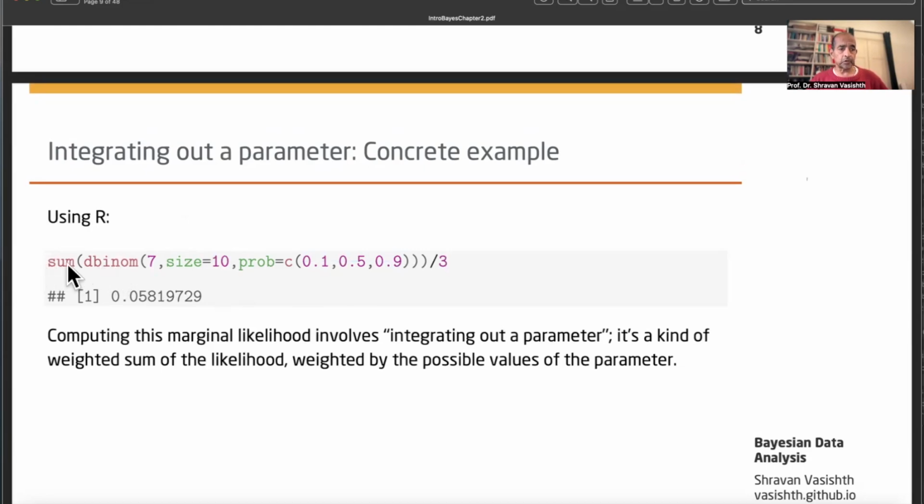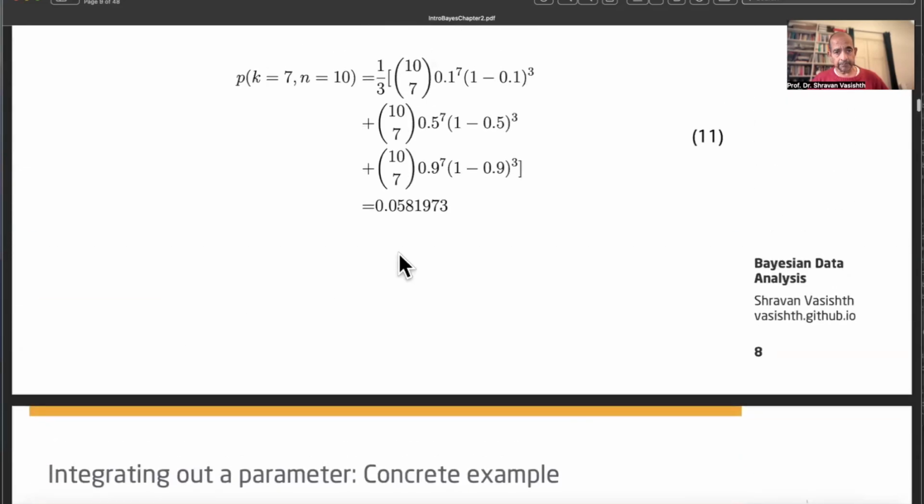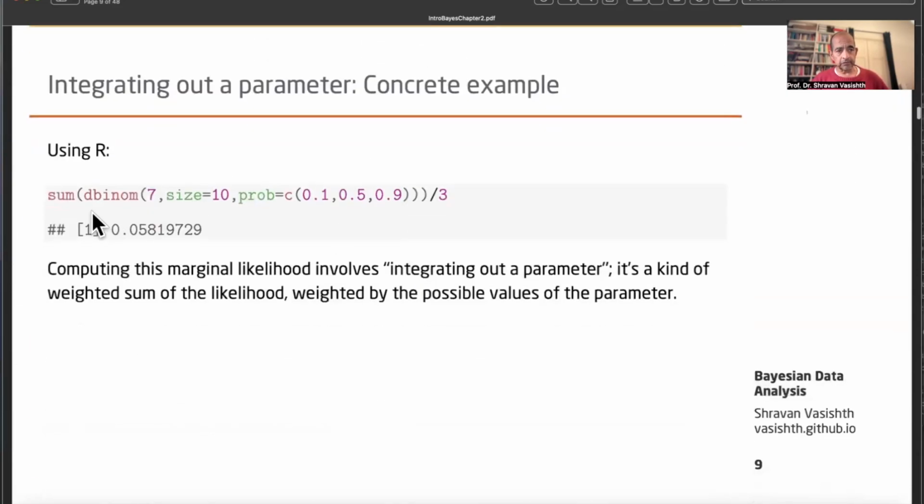What I'm doing is taking the likelihood with each of these possible values, multiplying it with 1/3, and then summing up the result. And I get exactly the same number that I get over here by doing this calculation. So you can see the convenience of using this DPQR family of functions. They help you quickly get a handle on many of these ideas.